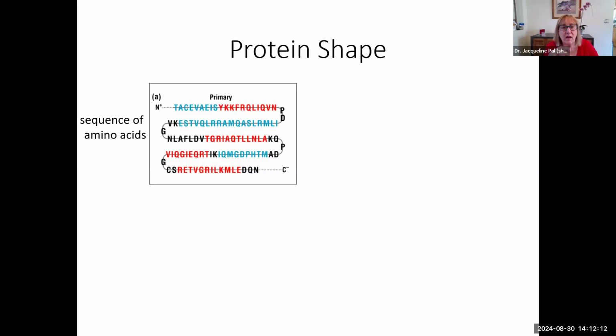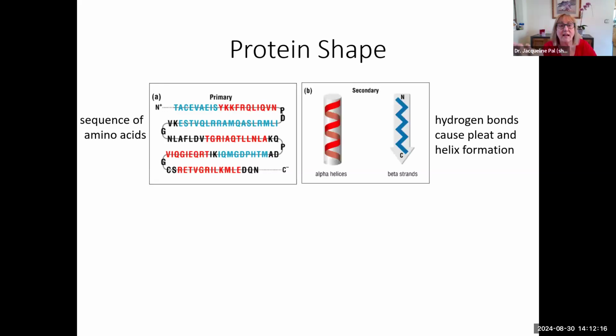So that is going to lead us towards the secondary shape, where hydrogen bonding is going to come into play. Hydrogen bonding is going to give us 2 different shapes. It's going to give us pleating, and it's also going to give us swirling.